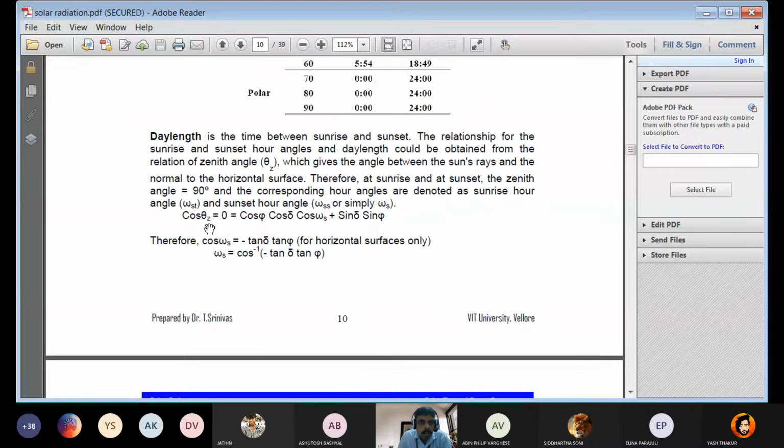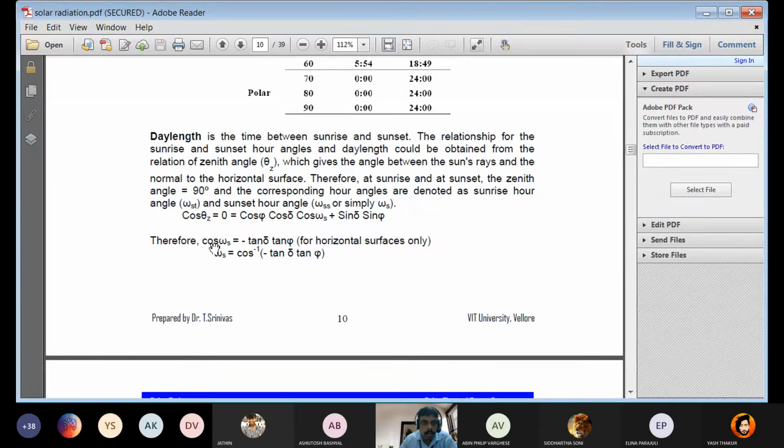So we have the concept of day length, how much time the solar radiation is available. That is given in terms of hour angle, the sunset hour angle and sunrise hour angle. Okay. Availability of solar radiation on Earth's surface depends upon the time between sunrise and sunset, right?